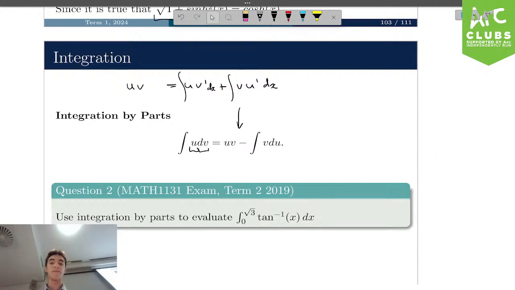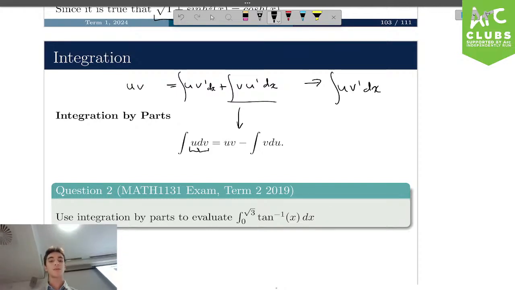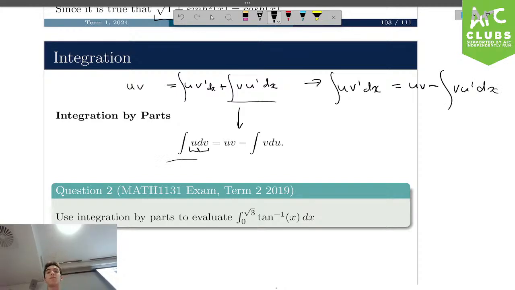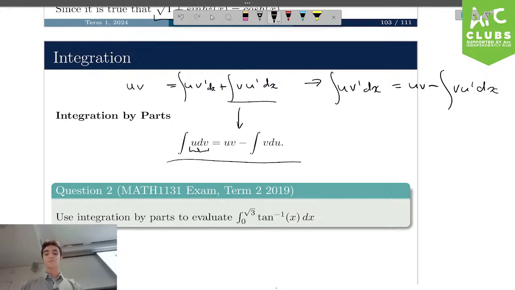If you want to leave the integral of u v dash dx on its own, then you subtract this part from both sides, and you're left with the integral of uv dash dx equal to uv minus the integral of v u dash dx. That's just a rewritten version of what we have here.